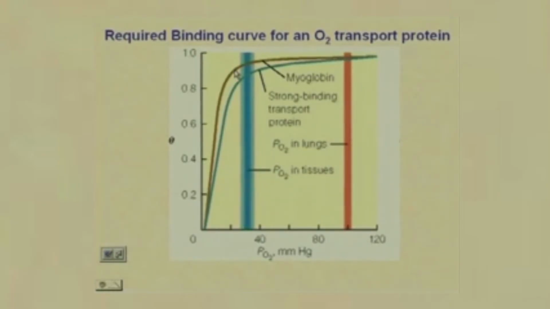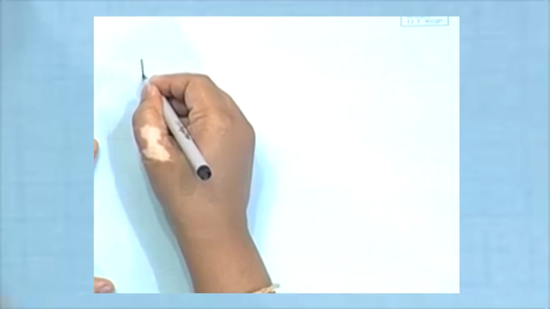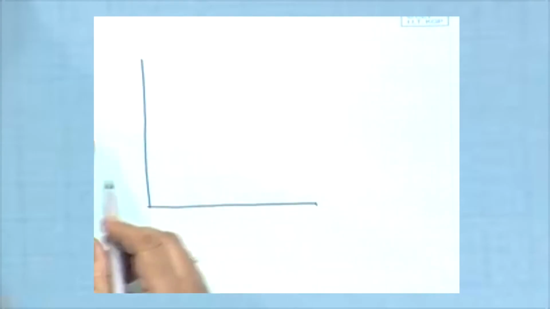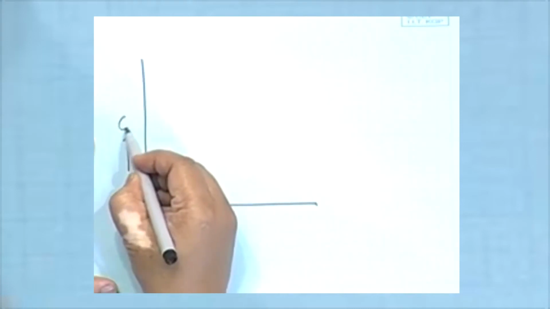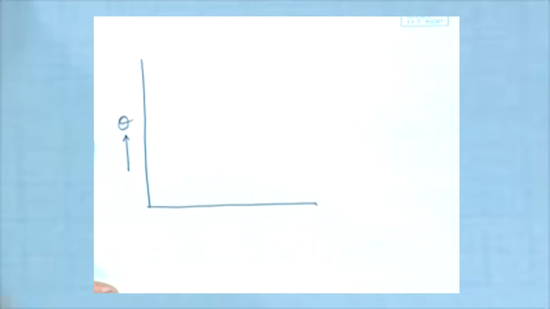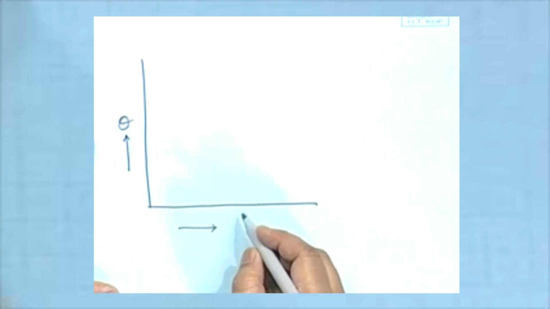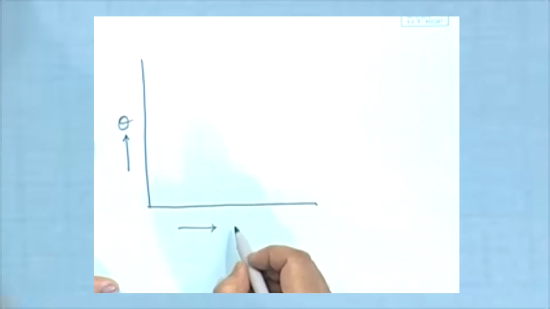When you have a low pressure of oxygen, let me draw it here. When we have a low pressure of oxygen, what are we looking at? We are looking at a fraction or a saturation. Here, what is the x-axis? The partial pressure of oxygen.